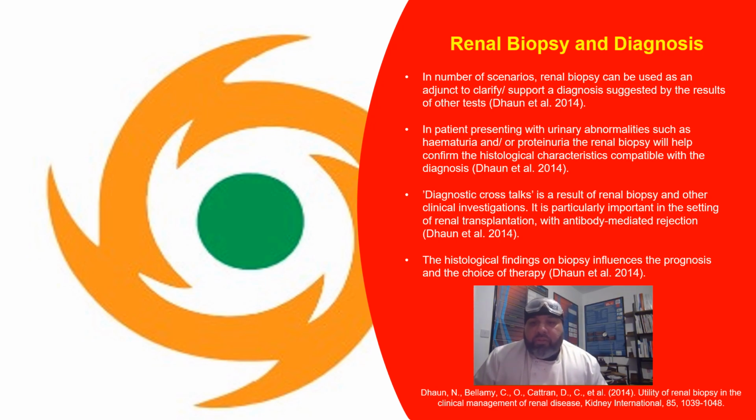Now, some additional aspects around diagnoses. In a number of scenarios, renal biopsy can be used as an adjunct to clarify or support a diagnosis suggested by the results of other investigations. In patients presenting with urinary abnormalities such as hematuria and or proteinuria, a renal biopsy will help confirm the histological characteristics compatible with a diagnosis.